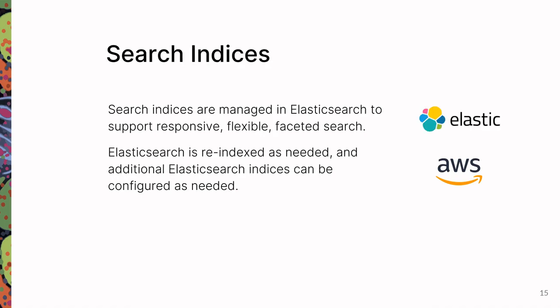And the last piece of the data is search indices. So these are what we're maintaining in Elasticsearch to be able to provide very faceted search. We potentially can have as many Elasticsearch sets of indices as we need for different use cases.